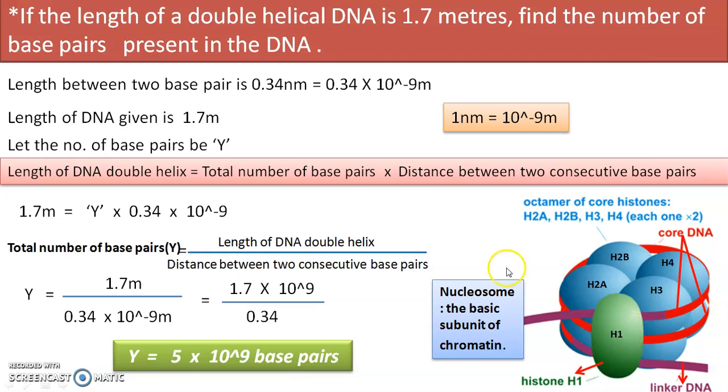DNA being negatively charged, they pack it so tightly, and there is one extra H1 linker histone protein which seals the open ends. The entry end and the exit end are sealed by H1, making it very compact. So the whole DNA having such compaction, you call it chromatin.